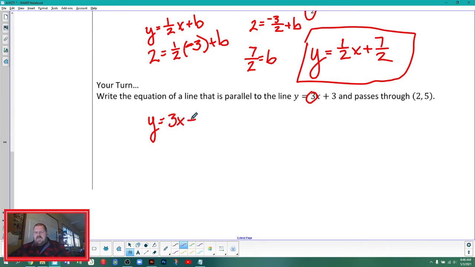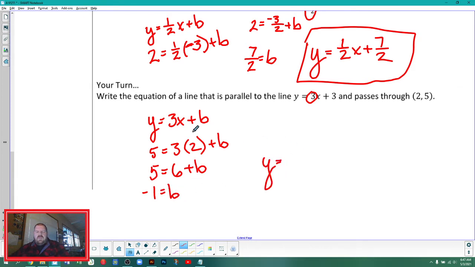So y = 3x + b, put the 5 in for y and 2 in for x: 3 times 2 is 6, and when I subtract 6, I get -1, so y = 3x - 1.